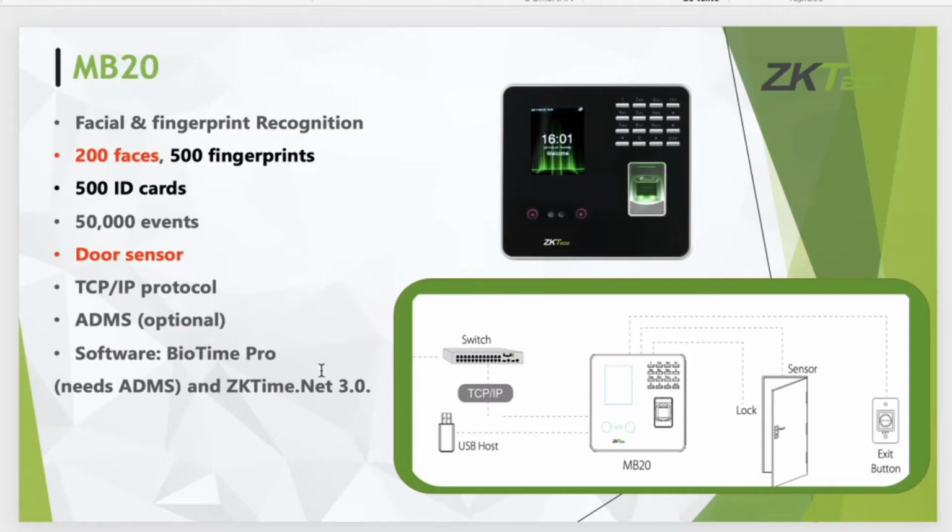This device also is multi-biometric, and another one is MB360. So all these devices have in common that they have two biometric ways to make the identification. First one is by fingerprint. Okay, as we can see in the picture, it has one fingerprint scanner, and also it has one facial recognition module. So it's two biometric identifications in the same device.